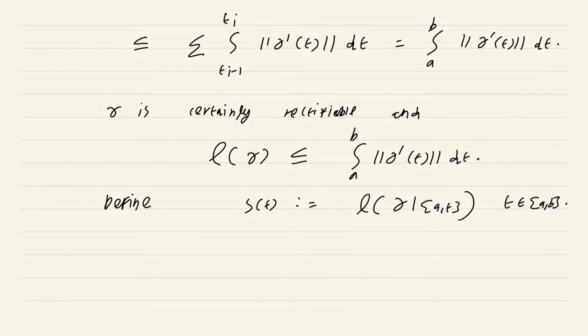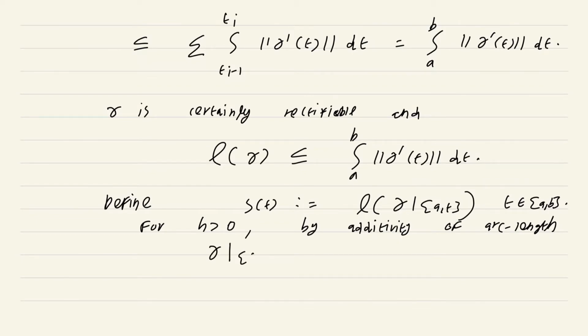Now for h greater than 0, by additivity of arc length, it's immediate that the length of gamma restricted to [t, t+h] is nothing but s of t+h minus s of t.